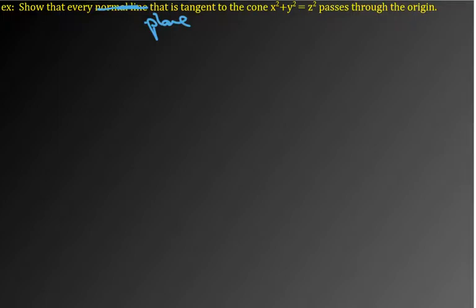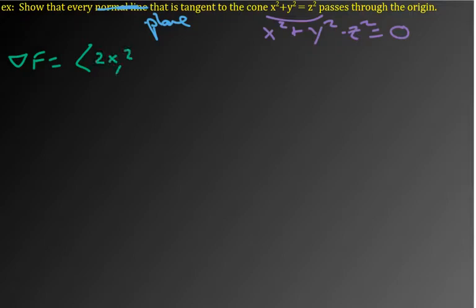So we're going to start by getting the equation of the tangent plane. So I'm going to rewrite this: x squared plus y squared minus z squared equals 0. Then I can do the gradient trick that I've been doing. So the gradient of that level surface, let's call it capital F, is going to be 2x, 2y, minus 2z.